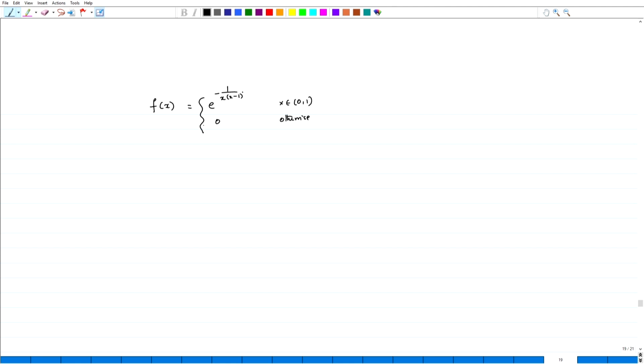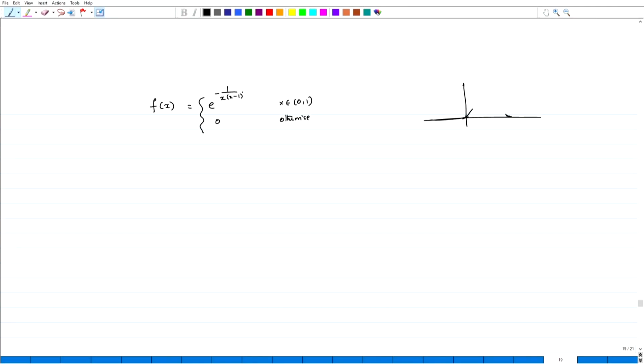What we see is that this is 0 here, and we know that e to the power minus 1 over x square is differentiable at 0, and hence we get some function like this.